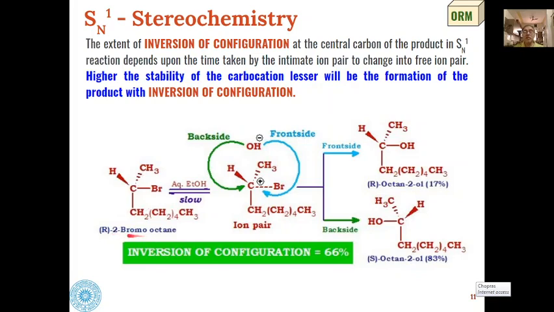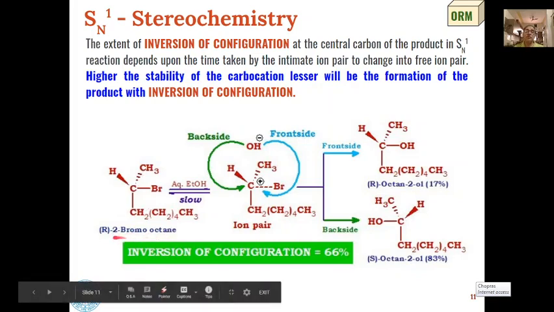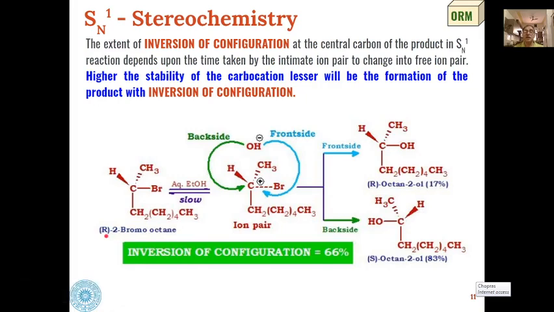If we are starting an experiment with 2-bromooctane, which is R enantiomer, and in aqueous ethyl alcohol, as we know, the first step is slow, so removal of this bromide ion takes place and a carbocation will be formed like this. And before the formation of carbocation, we will have this type of intimate ion pair, where this is having delta negative charge, this is having delta positive charge.